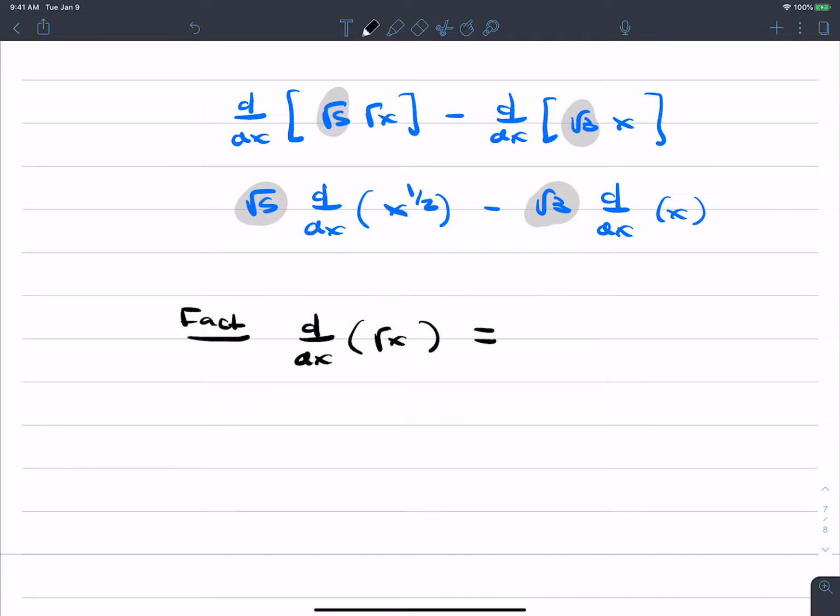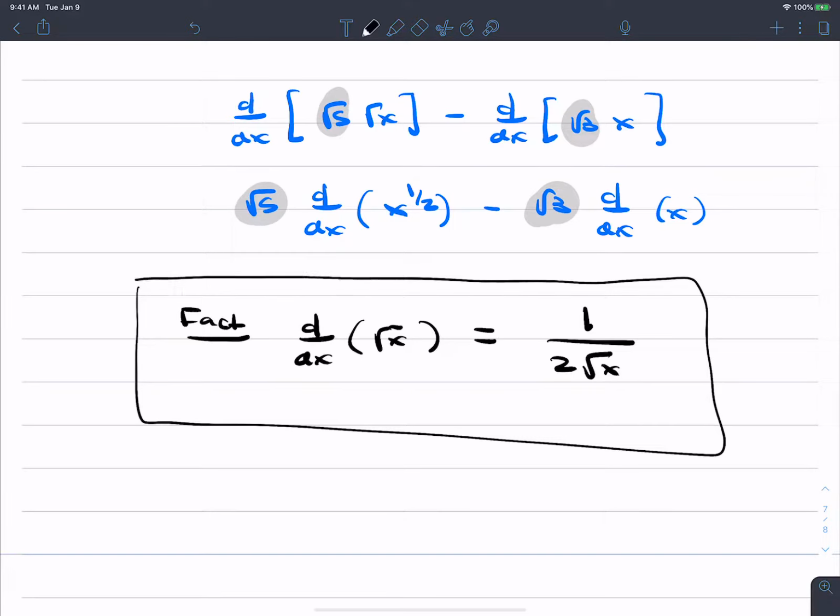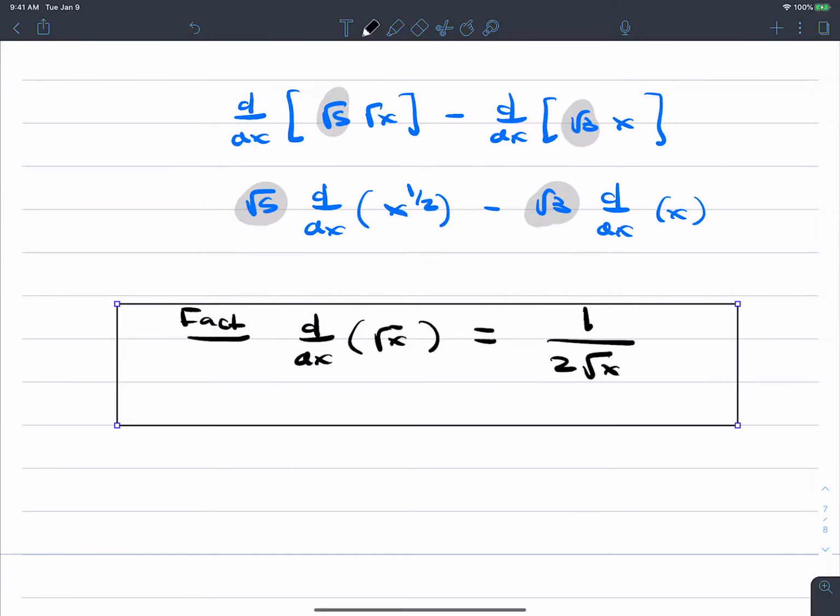So I recommend you go through that derivative and find the formula for it. Like certain things, you know, derivative of a constant is 0, derivative of x is 1, derivative of x squared is 2x. This is another one. You can show that this is 1 over 2 square root of x. And in fact, if you look in your notes, or even some of these examples, we actually might have done this already because it shows up a lot.